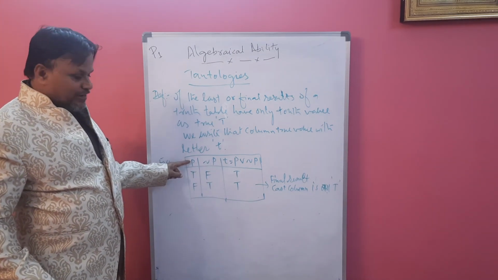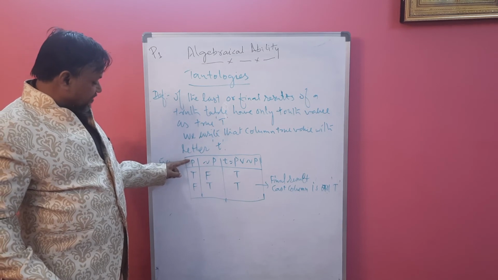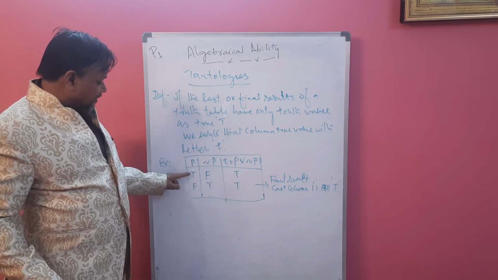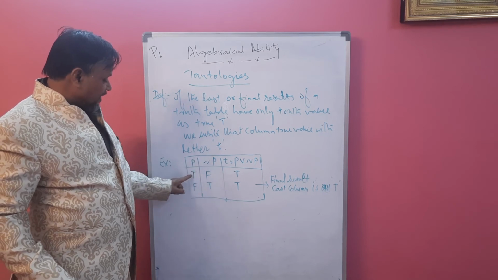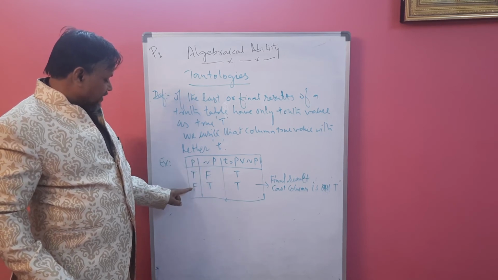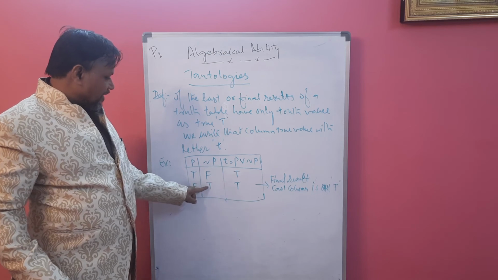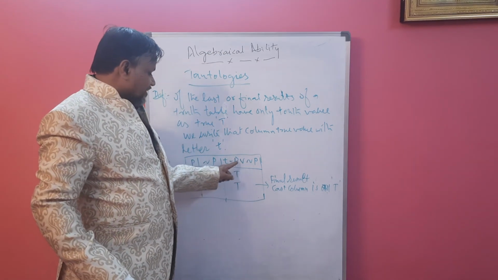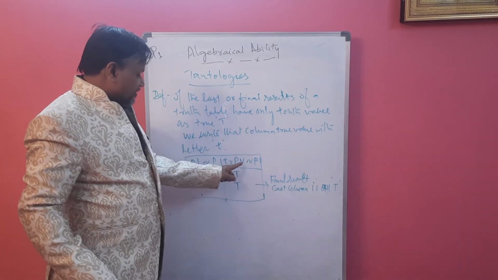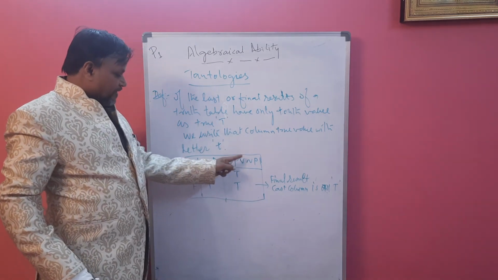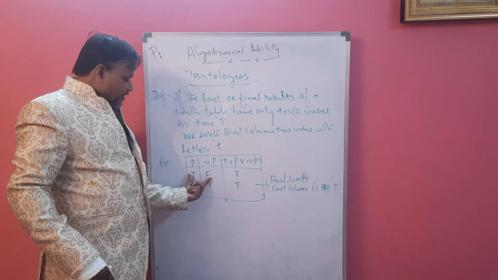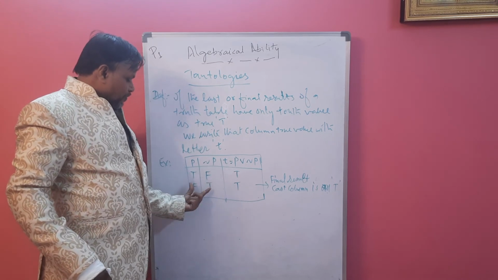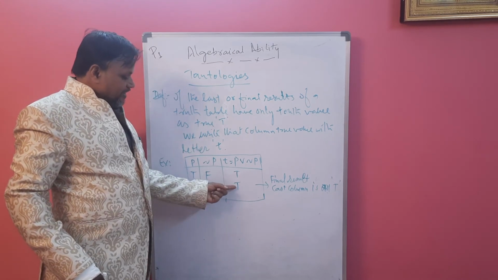If P is one statement, one person gives two types of statement, whether it is true or false. So negation of P means negation of true is false, negation of false is true. Now we are taking disjunction, V is there, disjunction of these two. Both are false? No, then true. Both are false? No, then true.